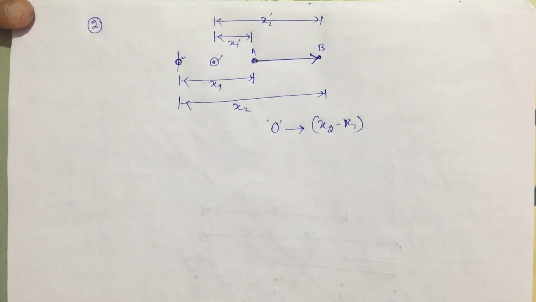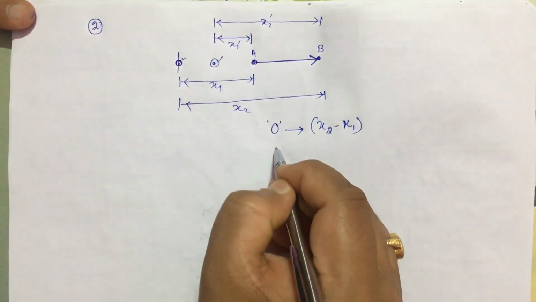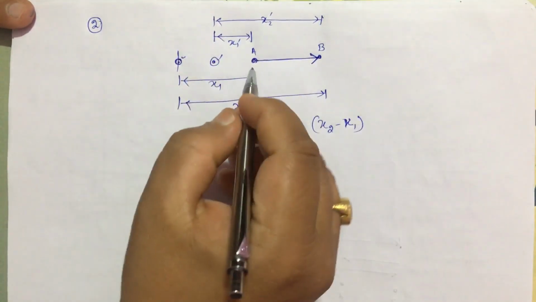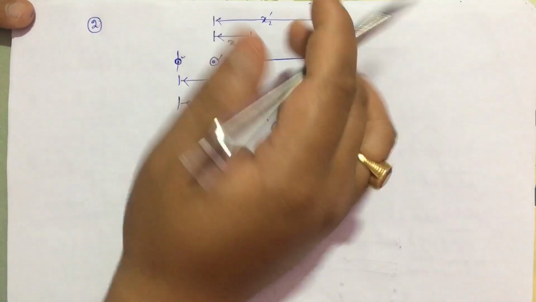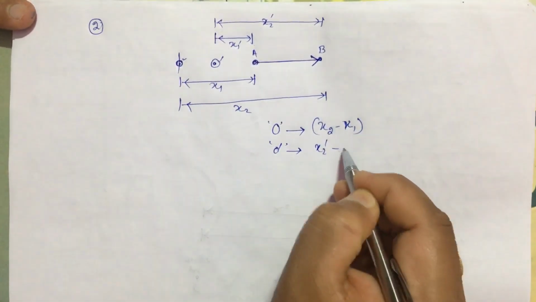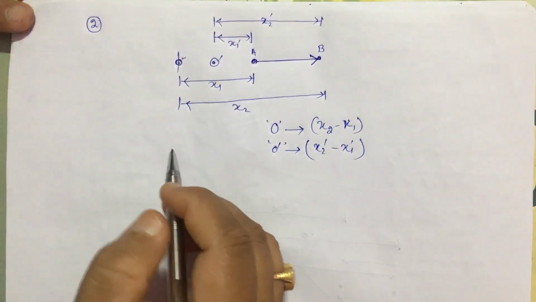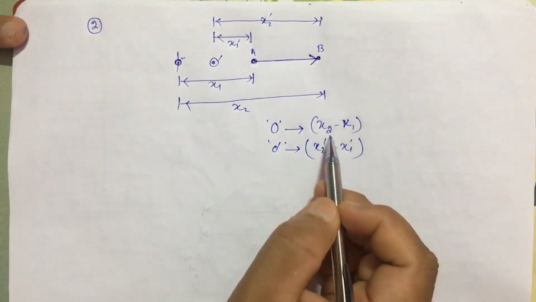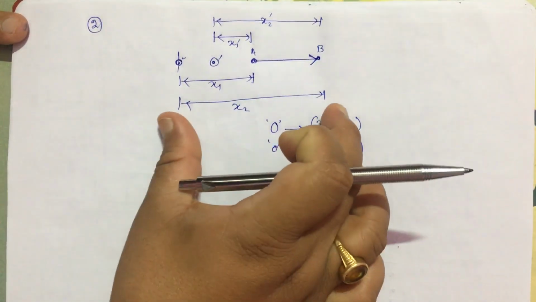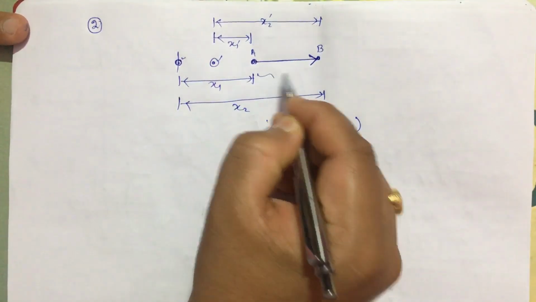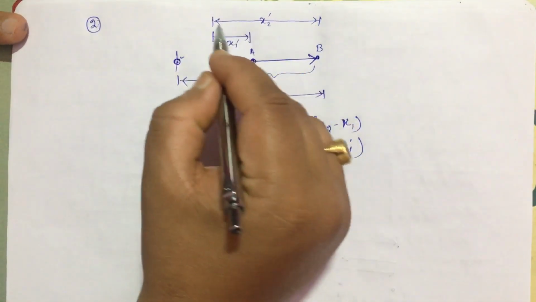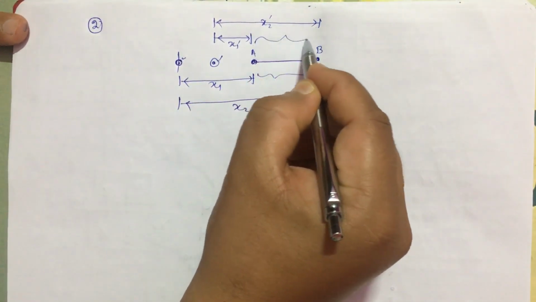Okay. Now let us take our origin here at O dash. So now our origin is O dash. For O dash, what will be the displacement? This distance will be equal to x2 dash minus x1 dash. So you can see, although they look different, in the diagram we can find that both are the same distance. x2 minus x1 means the distance from here to here. Similarly, x2 dash minus x1 dash means the distance from here to here.